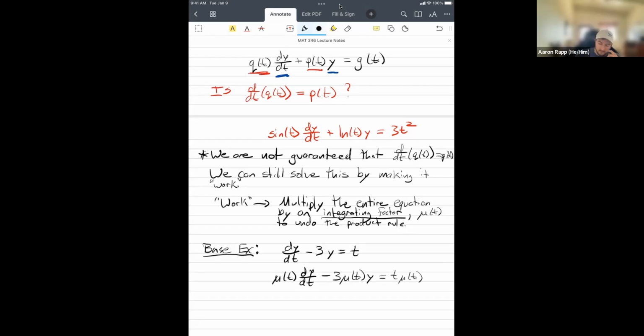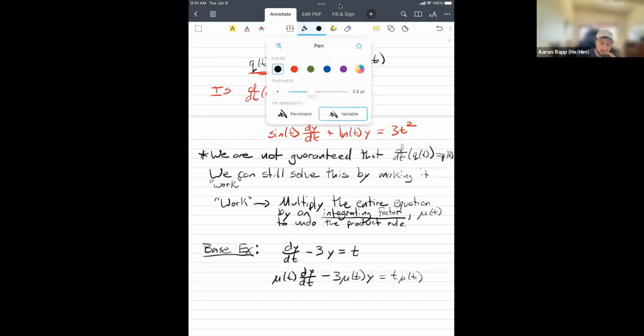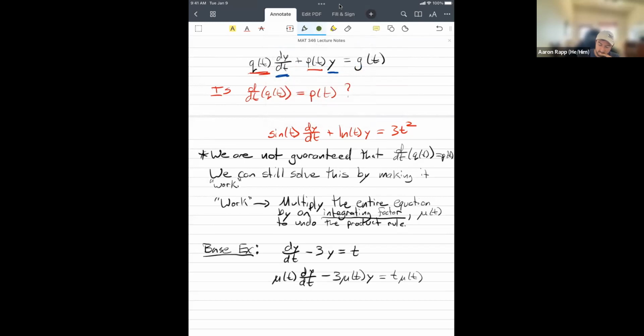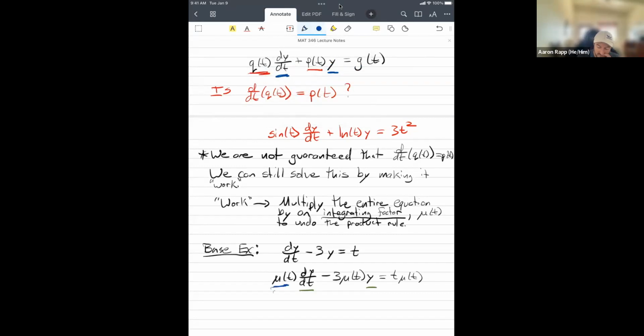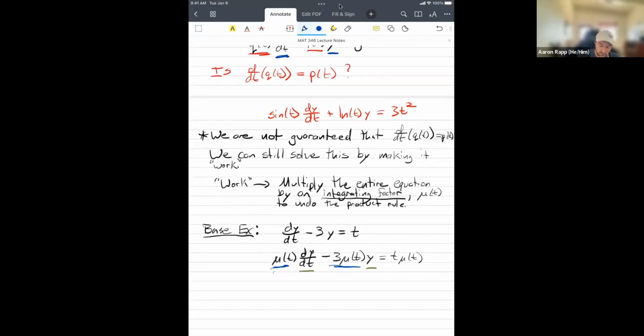So now, for this to be the product rule, I've got the derivative of y and y, but then I need to have my function mu, and I need its derivative to be -3 times mu.